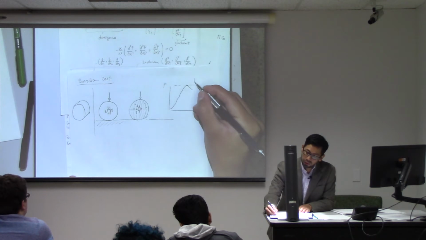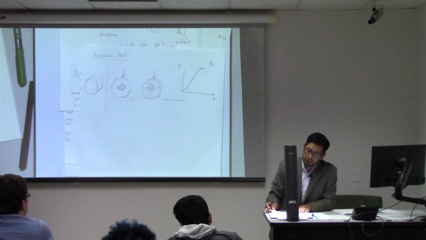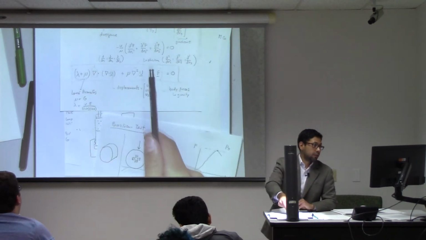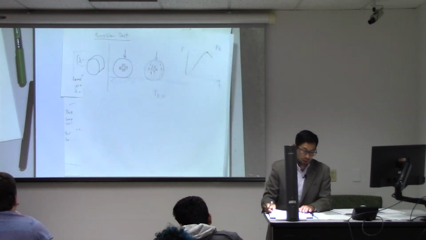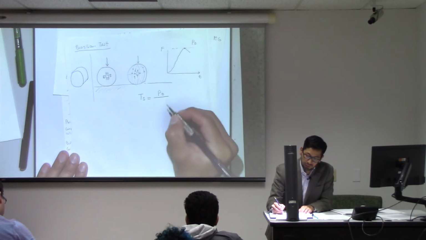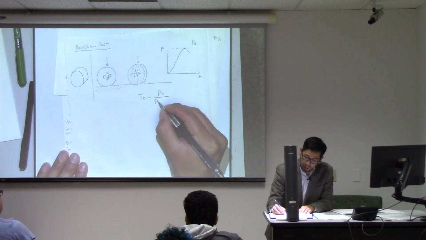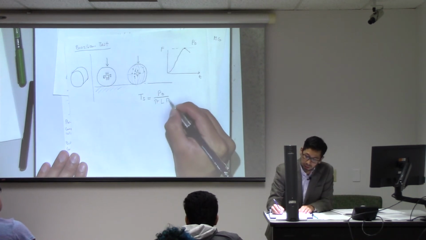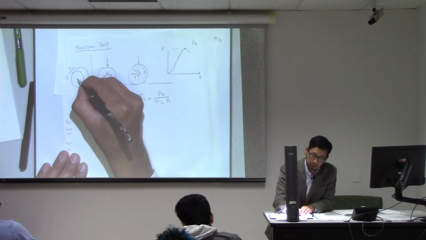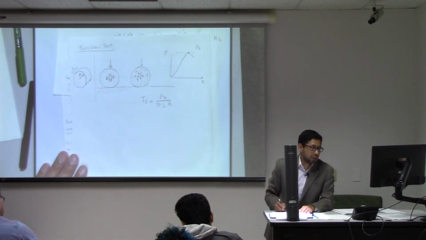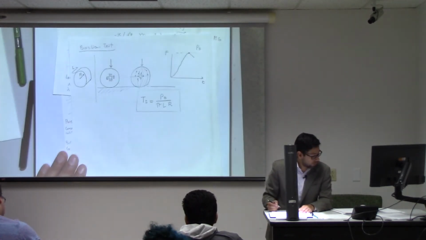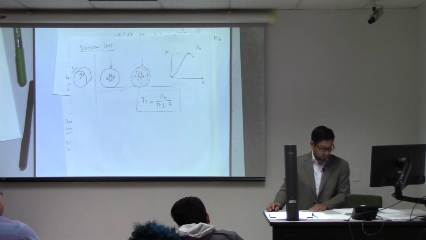That maximum force, we're going to call it PV, and the tensile strength that you get from this equation is going to be equal to the maximum force divided by pi times L times R, where L is the length of the cylinder and R is the radius of the cylinder. And that's going to be the value of tensile strength.